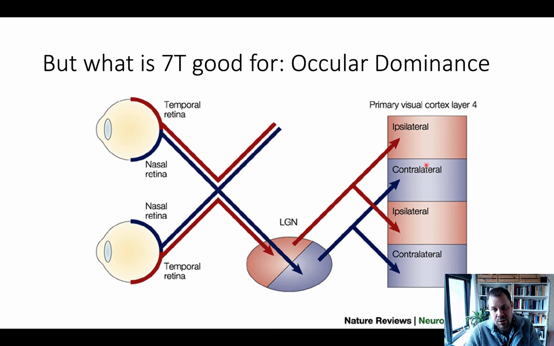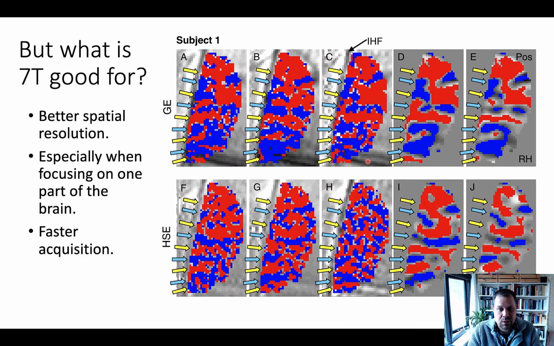This was discovered in the 60s by Hubel and Wiesel, who made electrophysiological recordings in cat primary visual cortex and found exactly this organization. But it has been pretty hard to establish the same findings in the human visual cortex until, well, there were studies before this one, but this one shows it really nicely using a specialized sequence.